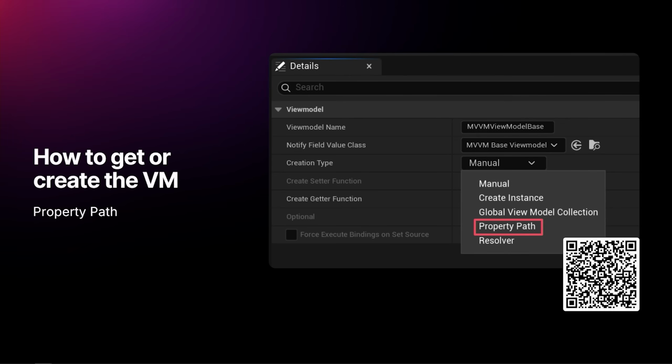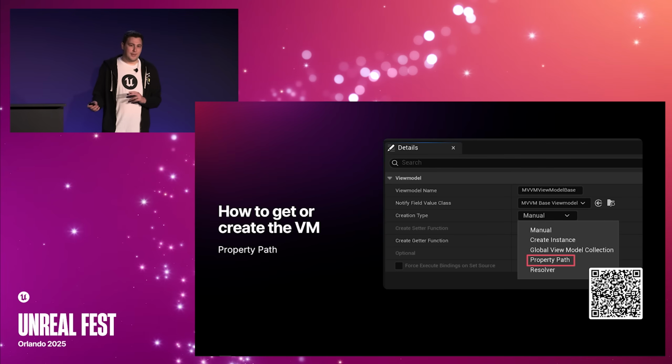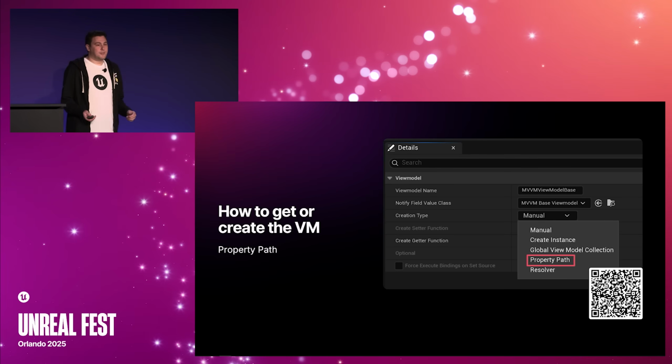Next is property path. With property path, you have a couple options to get your VM from elsewhere. The first is to reference a VM that you've already gotten in your widget that has a child VM, and then you can create a path to that child VM. The second is to create or reference a function that will get the VM from another source for you.